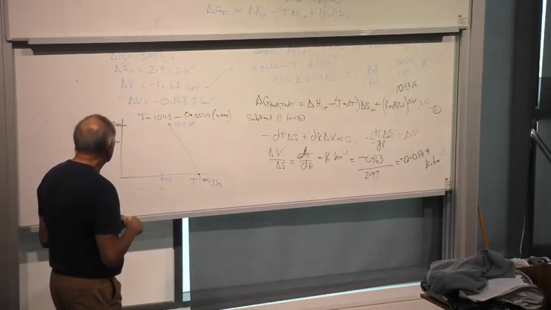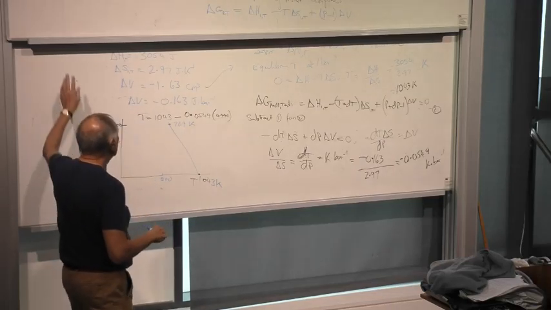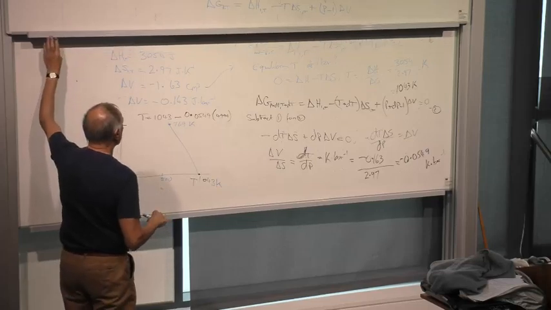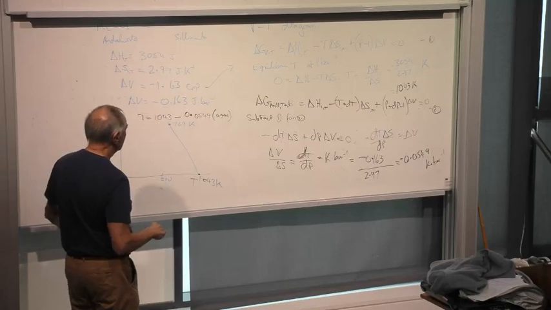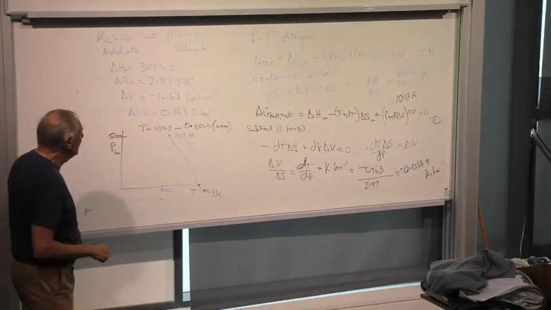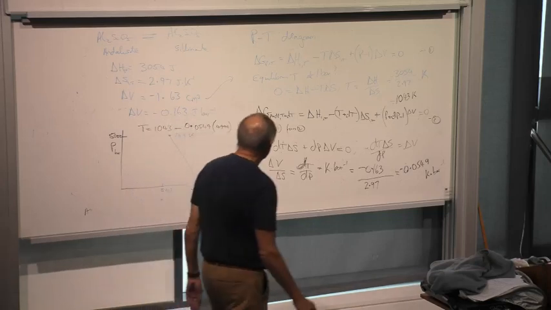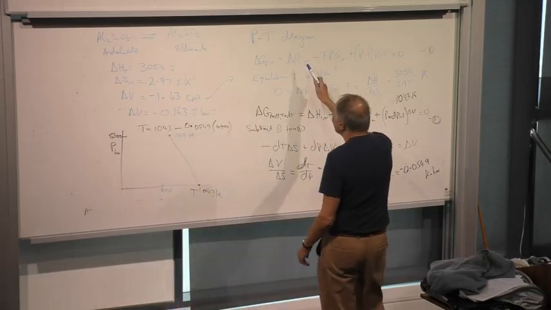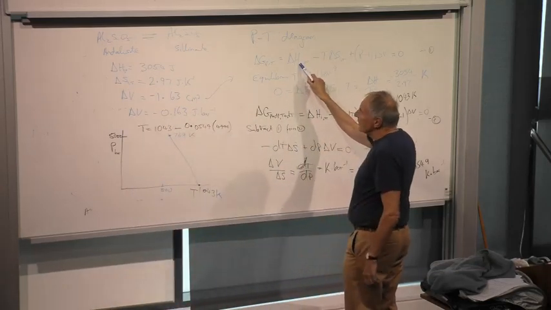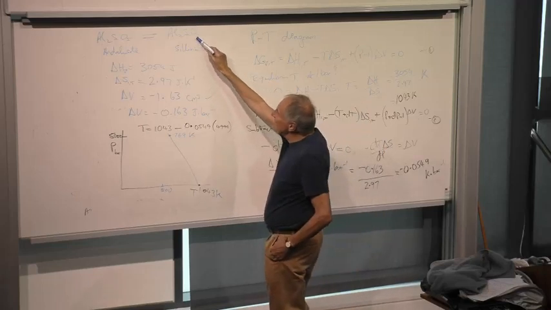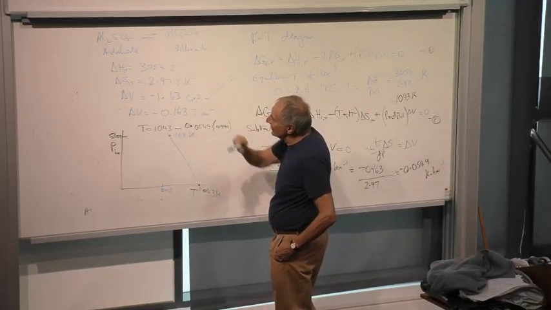Alright, so now all we need to do is figure out which side of the reaction is which. So let's think about it. The free energy change is the chemical potential of Al2SiO5 in sillimanite minus that in andalusite.